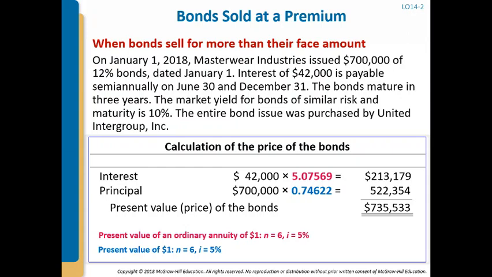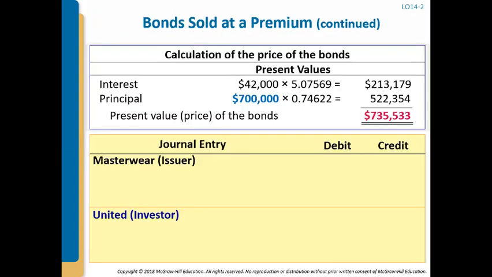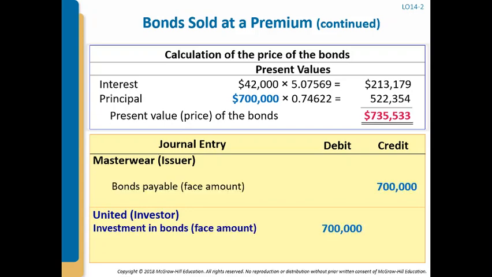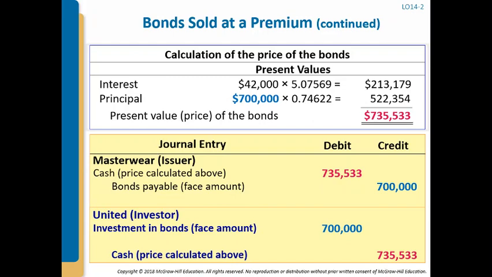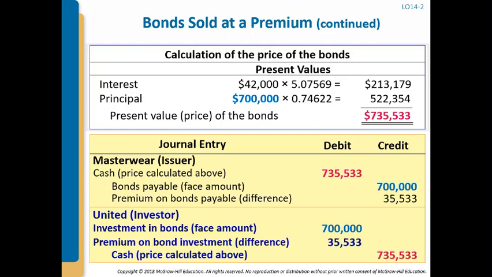Now here, in this entry, we're going to have excess amounts, and so we receive cash over the face value of the bond, and the difference is a credit, not a debit, like with discount. We have a credit called premium on bonds payable.